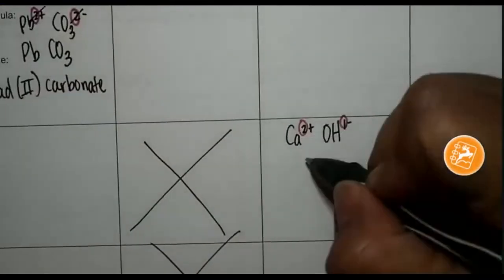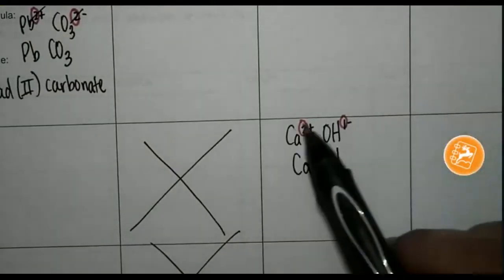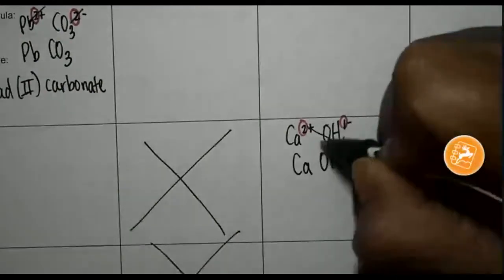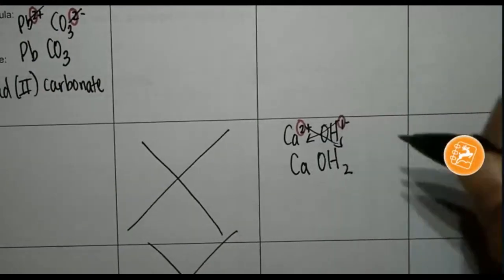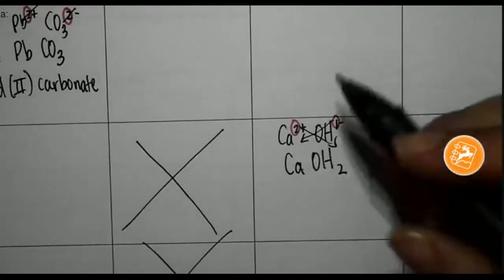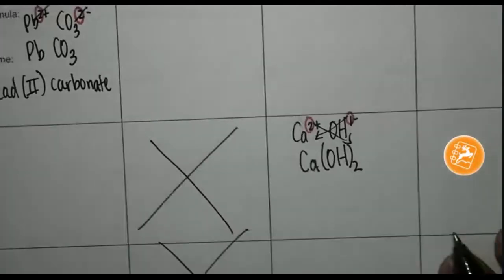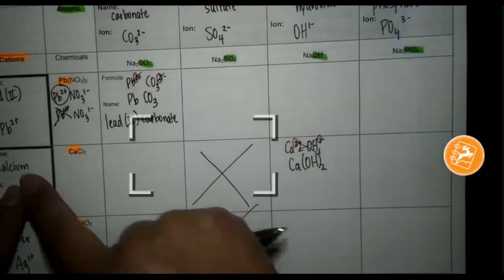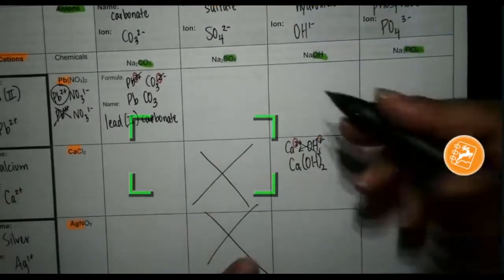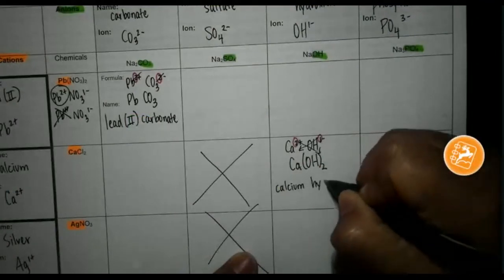So I rewrite these, leave a little space. 2 plus, 2 minus can't cancel or be reduced, so I cross those. 1 here, 2 here. Because there's more than one capital letter, I'm going to put parentheses there. Now, the name of this would be the positive one first, so calcium, and then hydroxide. So calcium hydroxide.